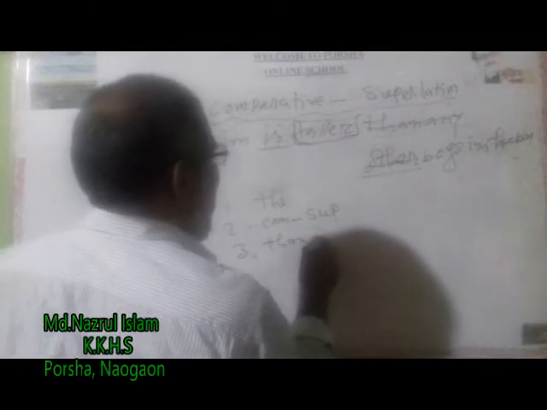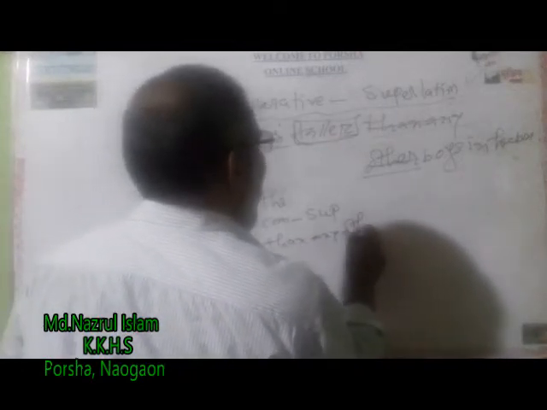And number 3 is very easy: 'than any other' will be omitted, and nothing should be used here. If we do these 3 activities, the comparative sentence will be changed into superlative form.